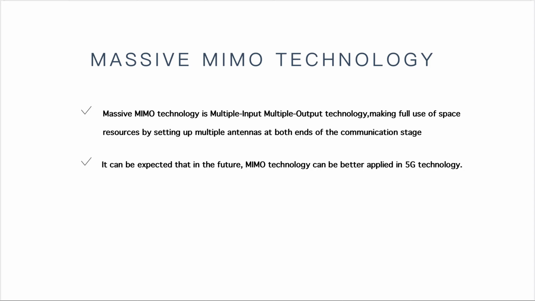This technology is to improve system reliability, increase spectral efficiency, and also improve power efficiency. The gain effect of MIMO technology is greatly reduced, and in 5G technology, the antenna configuration will be greatly increased, bringing a process from qualitative change to quantitative change for MIMO technology.